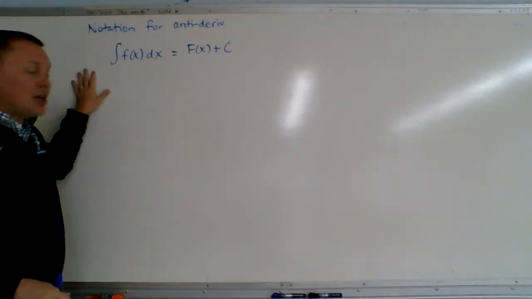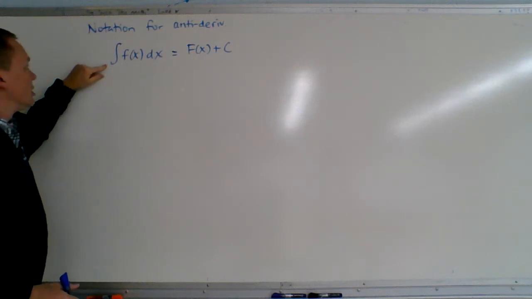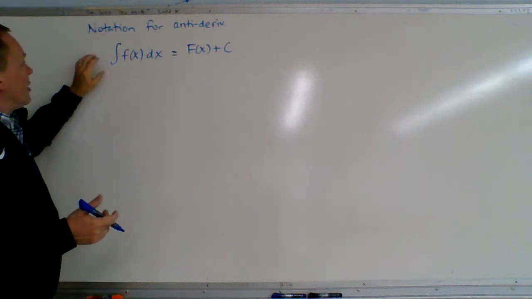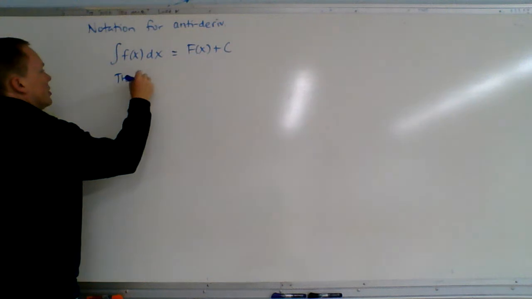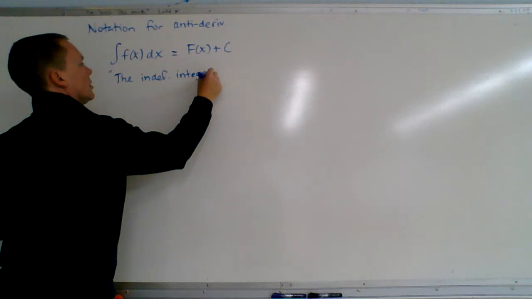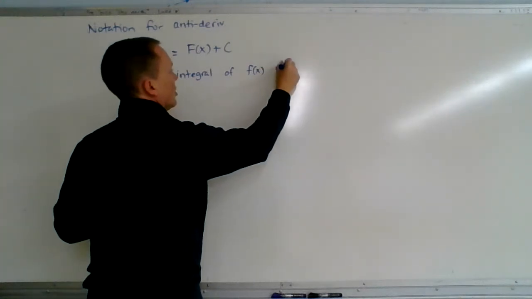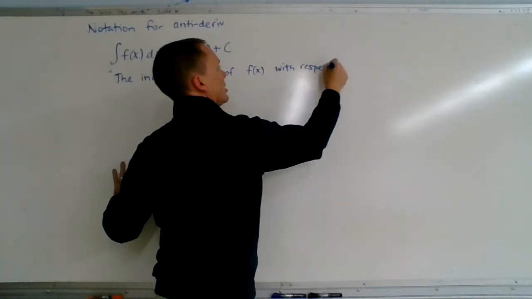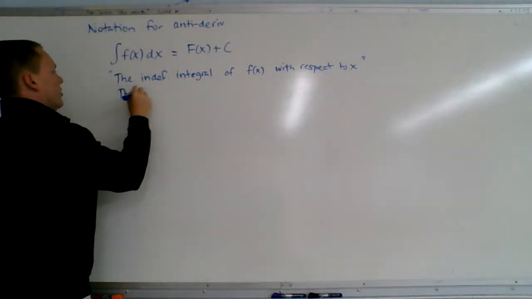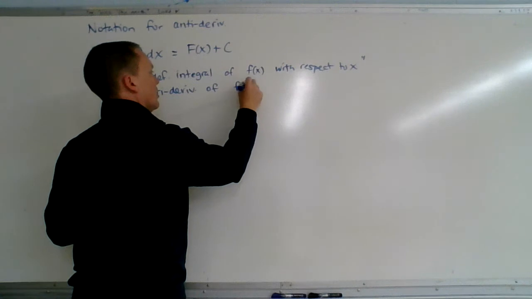So the way that you read this, here we've introduced this new symbol, which is a funny looking S, an elongated S. The way that you read this is you say the indefinite integral of little f of x with respect to x, or the antiderivative of f with respect to x.